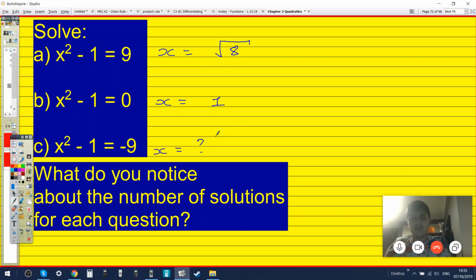Yeah. How many solutions were there? 2. So this one has 2 because it was plus or minus. This one, square root of 1. 2, sorry. So that one's going to be 2, because you could have the same thing again. And then this one was 0.